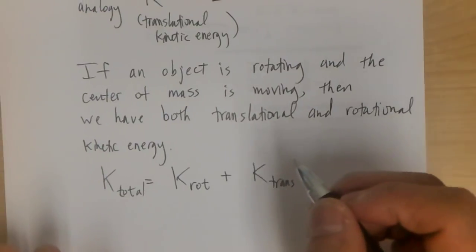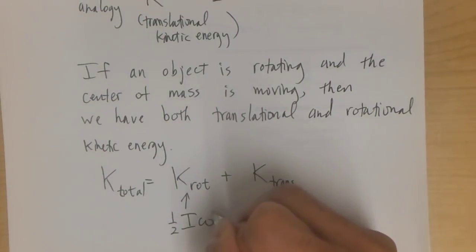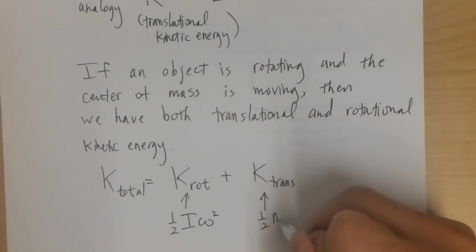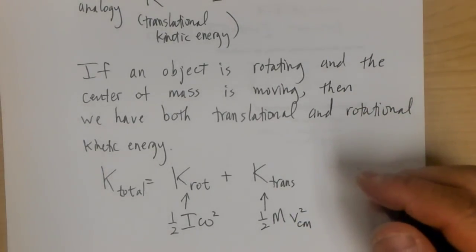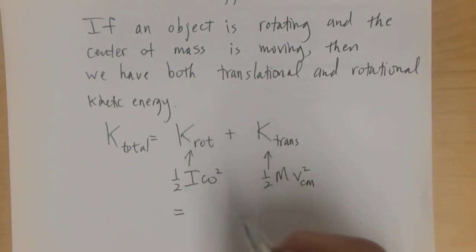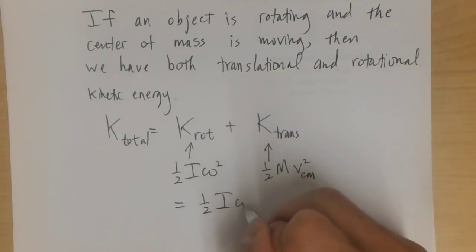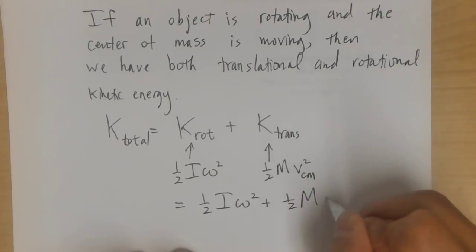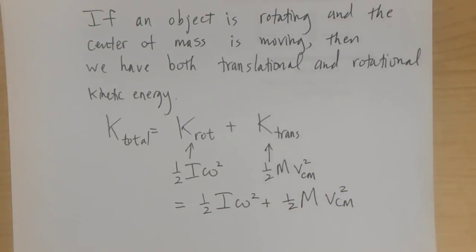And so this will be 1/2 moment of inertia times angular velocity squared, where this one will be 1/2 m, and let's call it V center of mass, the velocity of the center of the rotating body, squared. And so the total kinetic energy is going to be 1/2 I omega squared plus 1/2 m V center of mass squared.